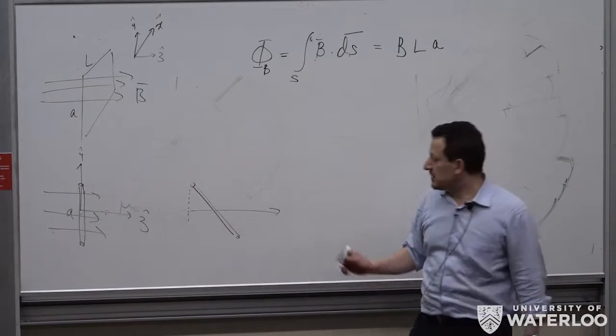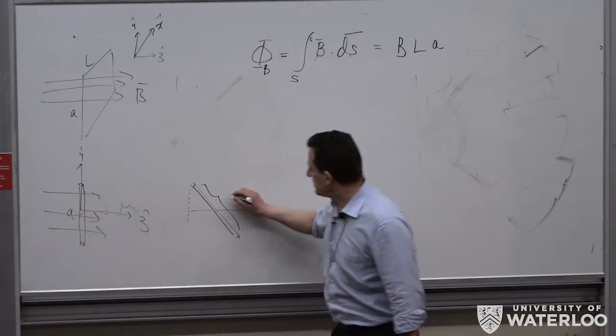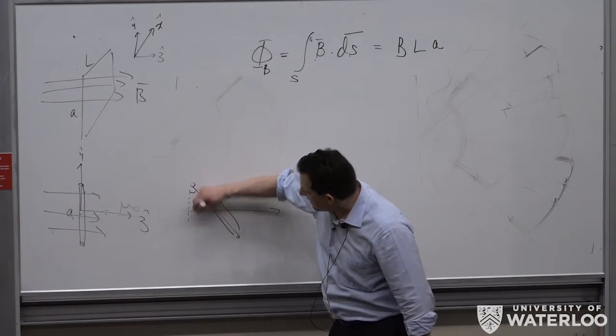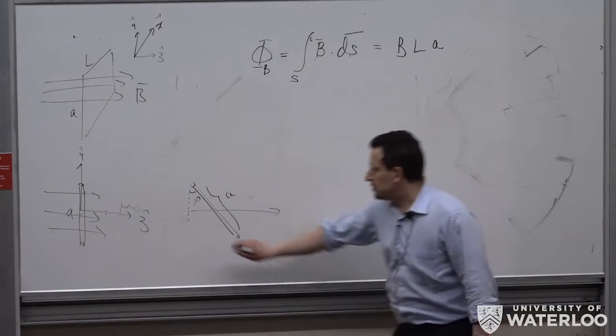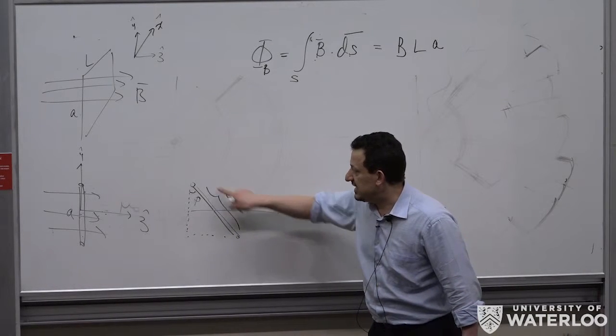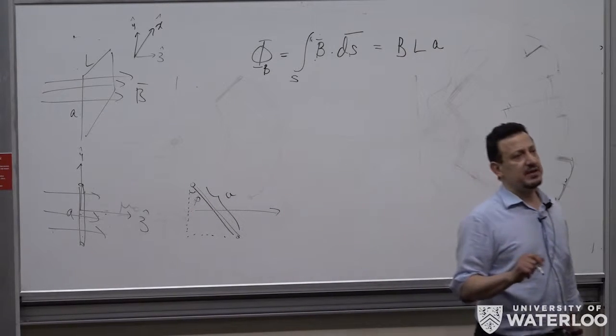Let's say this length is A, and let's say this angle is phi. So the flux that is going through this loop is A multiplied by cosine phi.